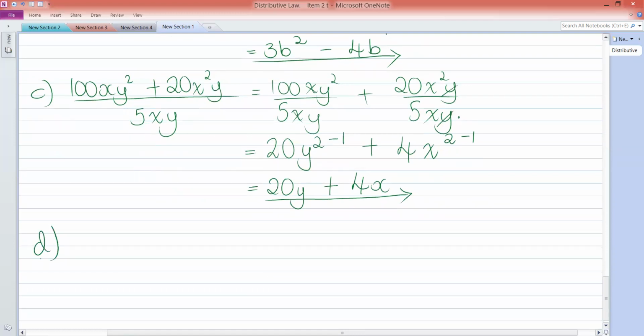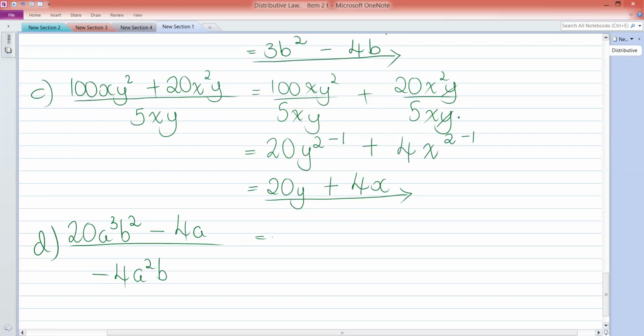Let's do another one, but this time we're going to have a squared b like that. Okay. It looks like this.